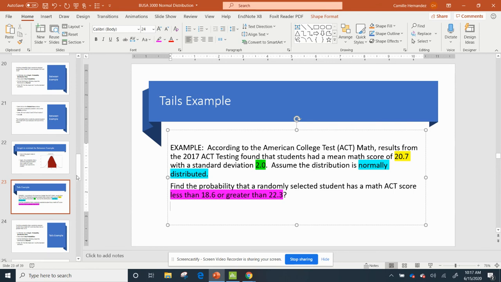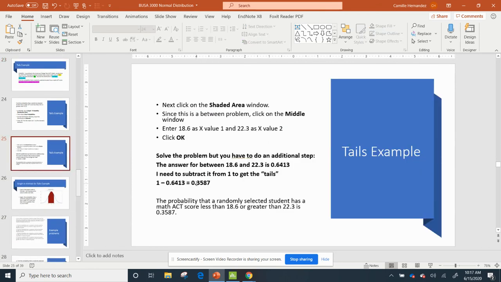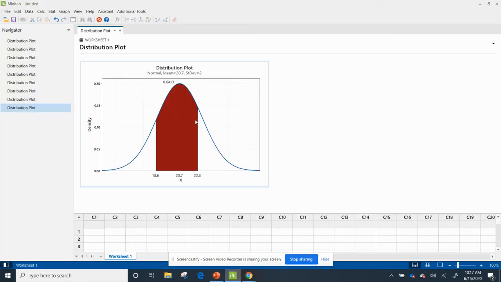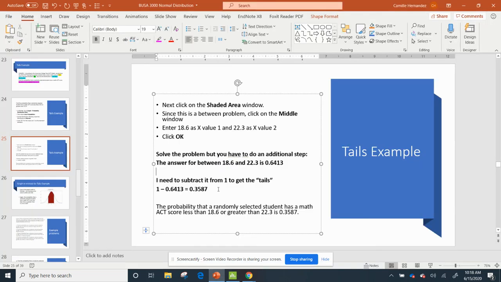So let me go to the slide that explains what I did. Remember my area between was 0.6413. And again, it's here. It's the area in red, but I don't want the area in red. I want the area in white. So all I do is I subtract that area from 1. 1 minus 0.6413 gives me 0.3587.